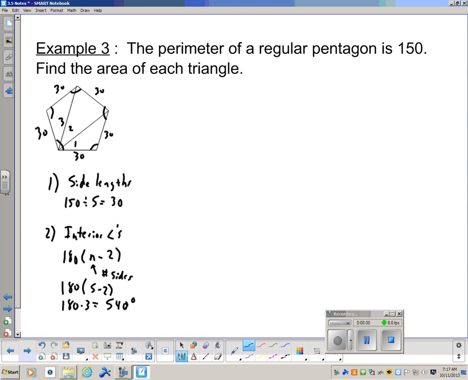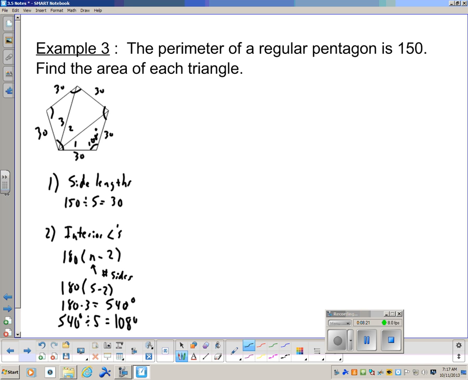So since there are 5 angles in this pentagon, I can take 540 divided by 5 and get 108 degrees. So each of these angles in there is 108 degrees.